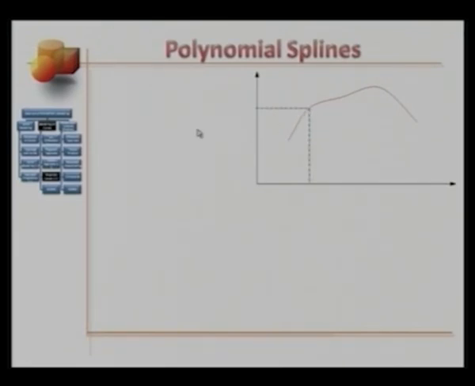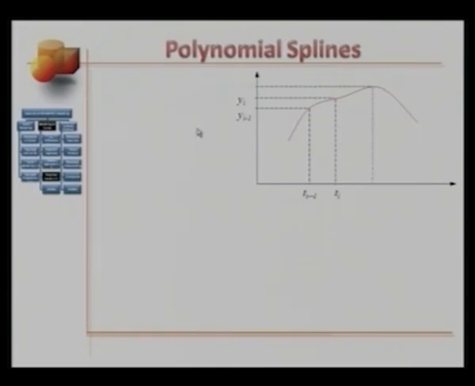We have these points at parameter value t_(i-1). We have the value of this generic spline curve as y_(i-1). At t_i, we have the value y_i.